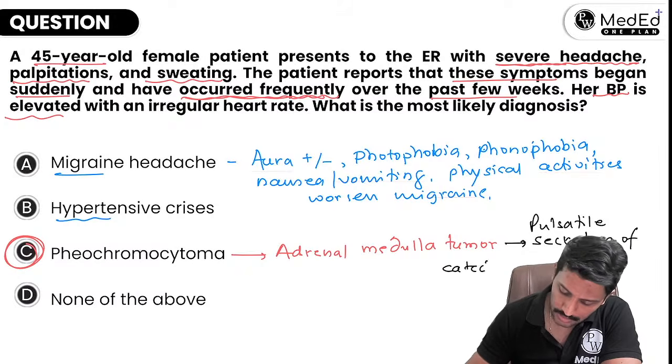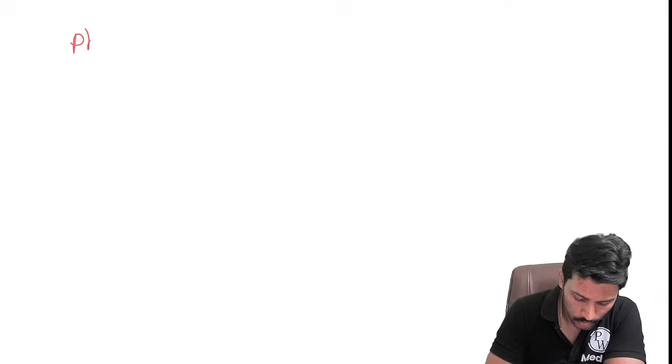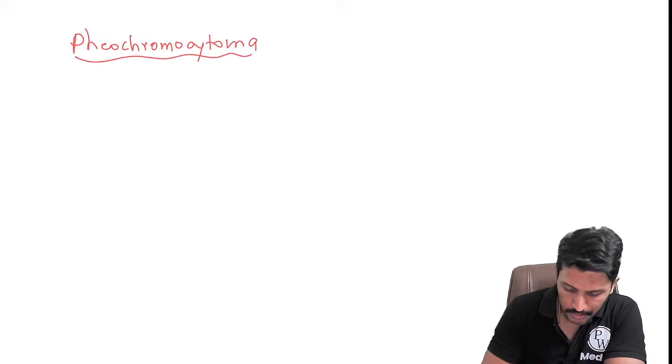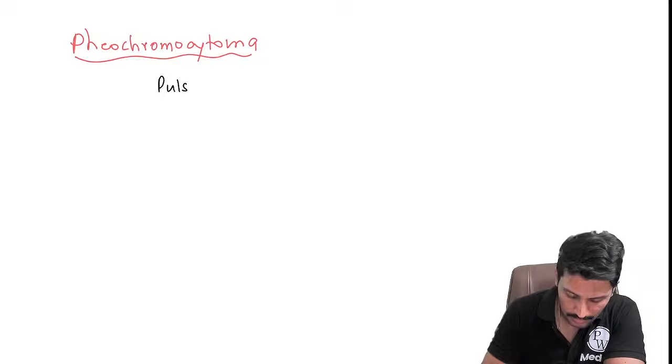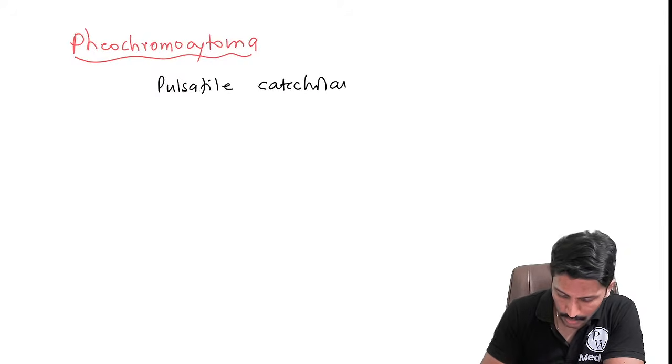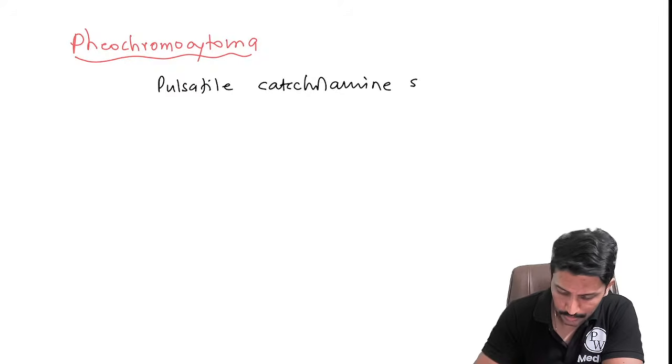What are catecholamines? Adrenaline, noradrenaline, and dopamine. So pheochromocytoma is a condition where you will have an adrenal medullary tumor which will have pulsatile catecholamine secretion.